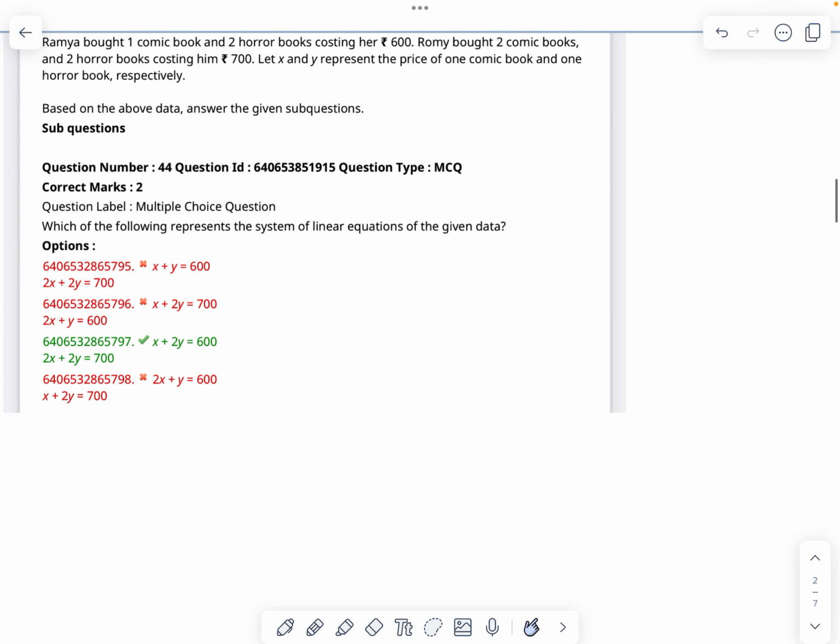If you look at this question, they have clearly said Ramya bought one comic book and two horror books. So the total cost is rupees 600, and Romy bought two comic books and two horror books. So both the cost is rupees 700. And they are saying let x and y represent the price of one comic book and one horror book. Now they are saying which of the following represents the linear equations of the given data. So I'm going to take from the question.